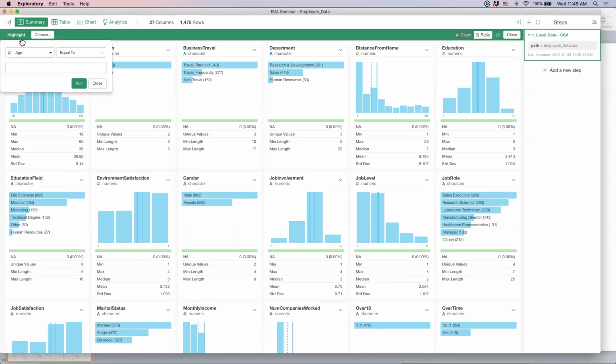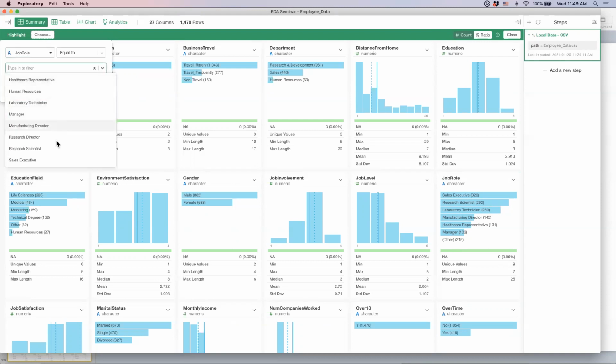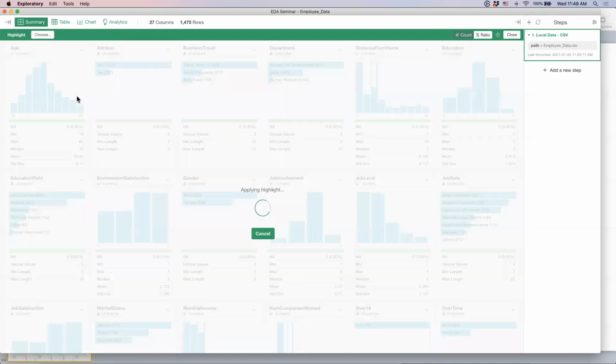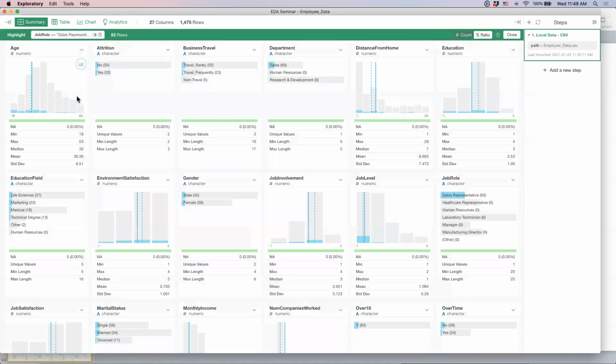And then I'd like to select job role, where job role is equal to sales rep. Where's the sales rep? Oh here, Sales Representative at the bottom, and then click on the run button. Then sales rep is highlighted.